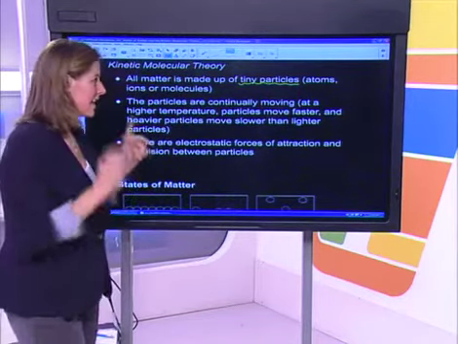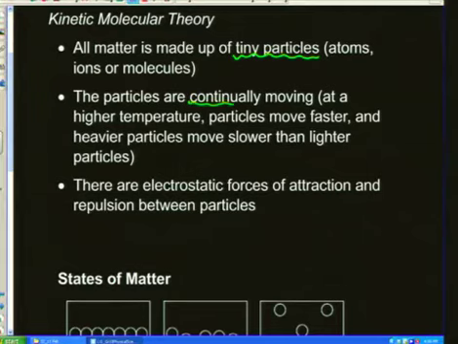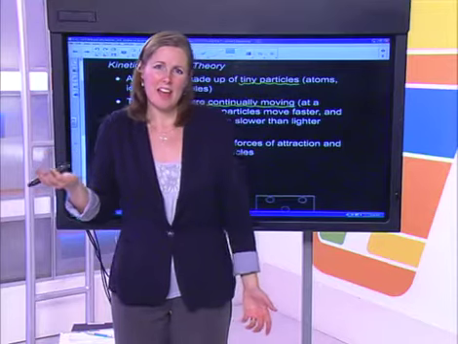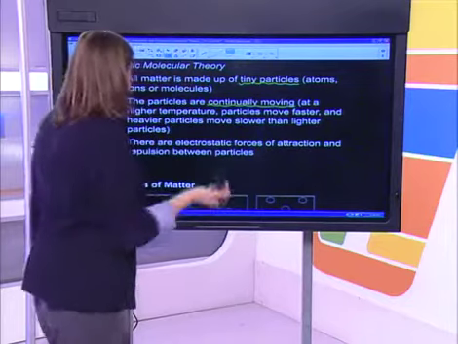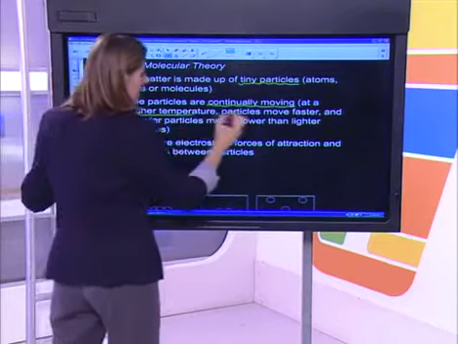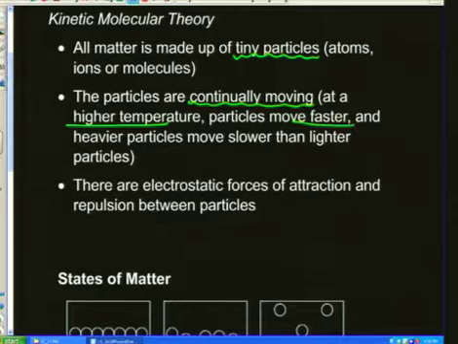Those particles, the second point, are always in motion, continuously moving. How will they move? Well, at high temperature, they're going to have lots of kinetic energy, so they will move faster. At higher temperature, the particles move faster.